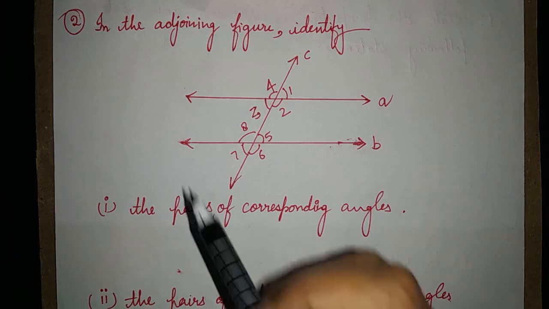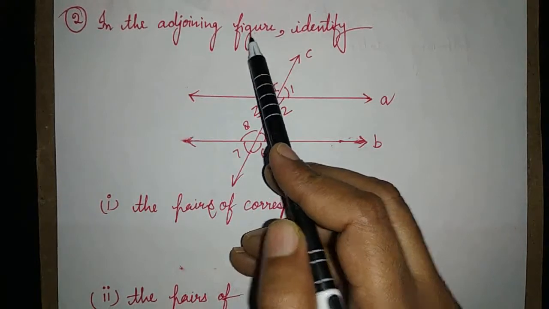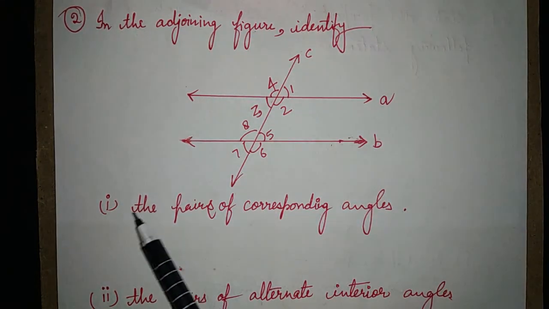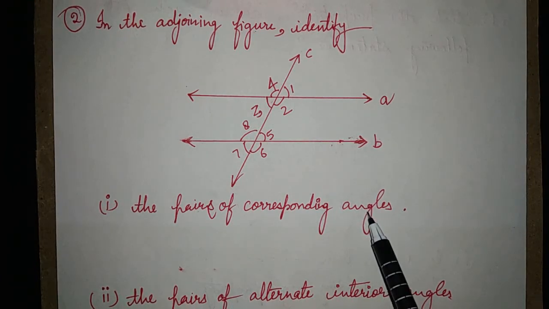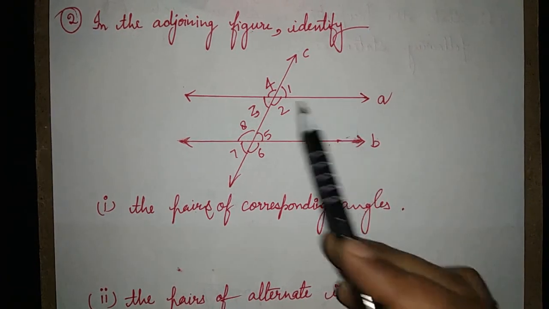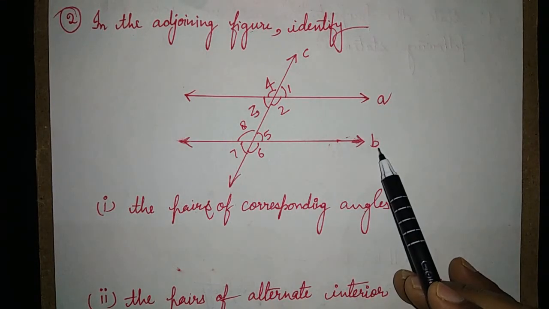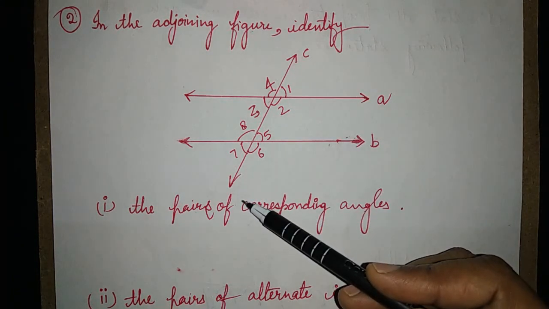Now students, see question number 2. In the adjoining figure, identify the first part: the pairs of corresponding angles. Here you can see line A and line B. They are parallel lines and C is a transversal line.